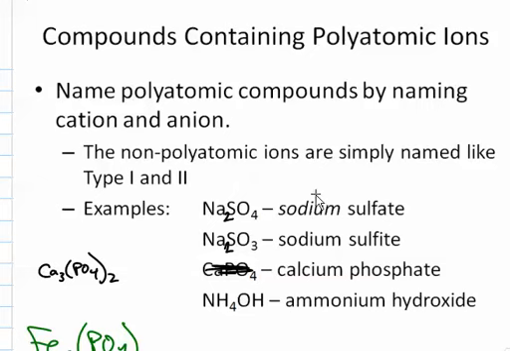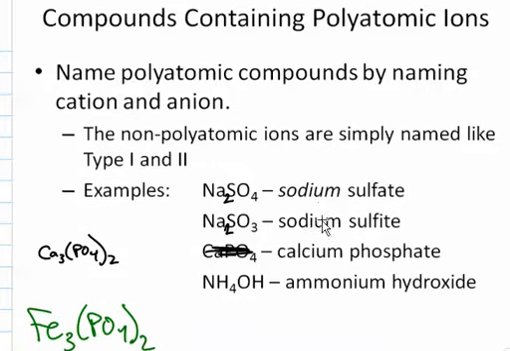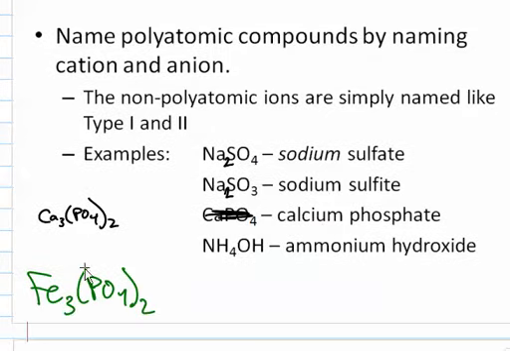So when we're dealing with type 1 metals with these polyatomics, we simply name the cation and then the anion. For type 2 metals, like iron, we stick to our rules for type 2 metals, right? So here is Fe3(PO4)2. Again, we have a 3:2 ratio here, okay? Since phosphate is a 3- charge, and there are 2 of them, and there are 3 irons in this case, that means each iron has a +2 charge.